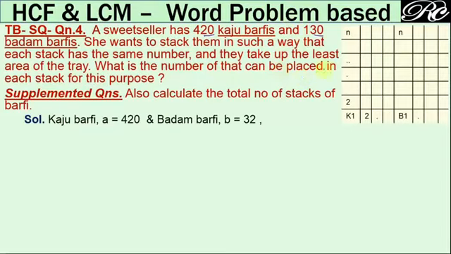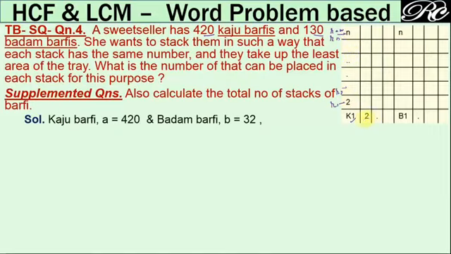If I take the Kaju Barfi here, K1, here K2, going on, these are the rows. This is the first row, R1, this is the second row. Likewise, there will be the nth row, meaning n Kaju Barfi are stacked.